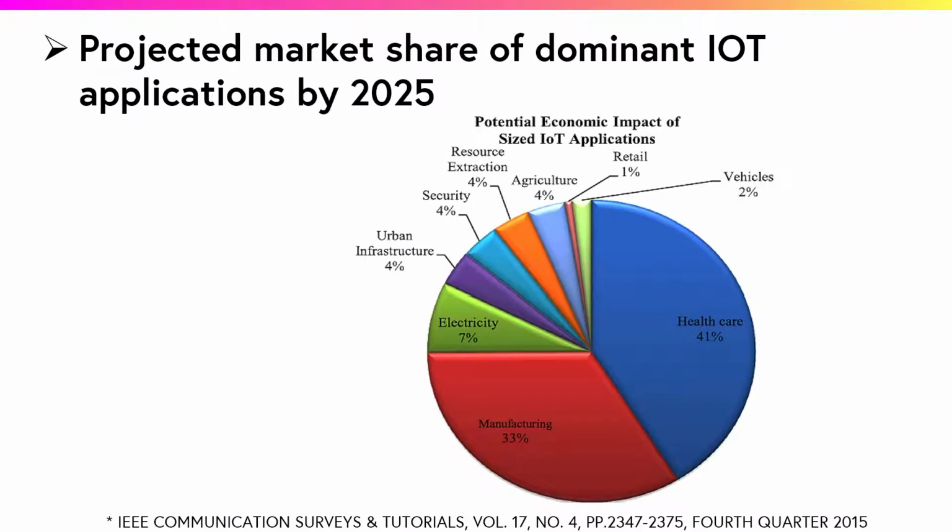Then we look at the market situation. This is one piece of research done by the IEEE and published in IEEE Communications Systems and Tutorials. Although this paper was published one year ago, the facts will be almost the same.